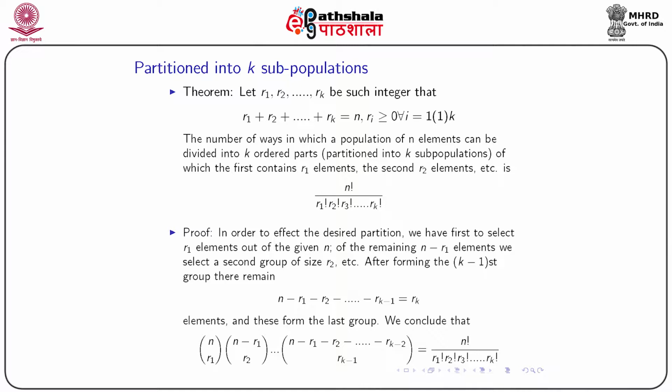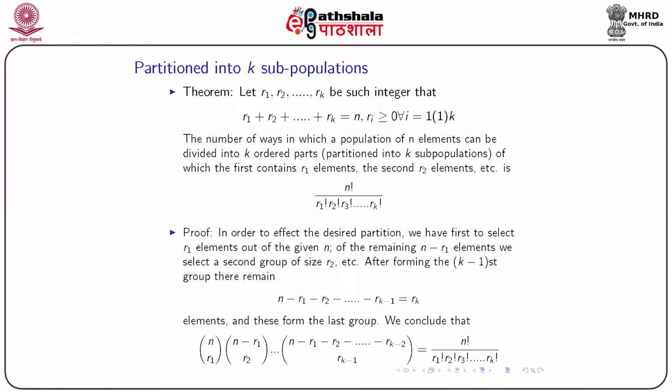The number of ways in which a population of n elements can be divided into k ordered parts, that is, partitioned into k subpopulations of which the first contains r1 elements, the second contains r2 elements, the third contains r3 elements, and so on, can be expressed as n factorial over r1 factorial times r2 factorial times r3 factorial times ... times rk factorial.